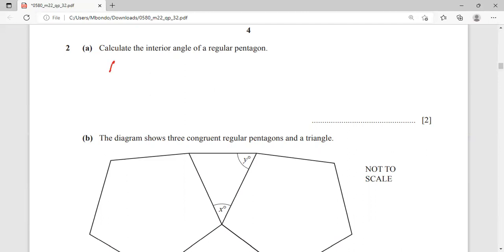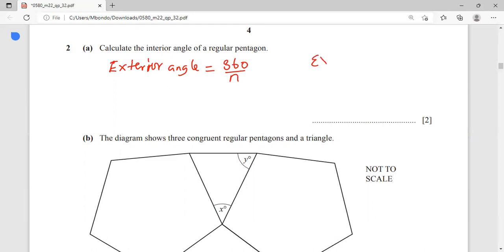The formula that I'm giving you is for the exterior angle. The exterior angle is equal to 360 divided by the number of sides. Take note of that. Now we know that exterior angle plus interior angle give us 180. So once we have the exterior angle, there's no problem. We can easily find the interior angle.